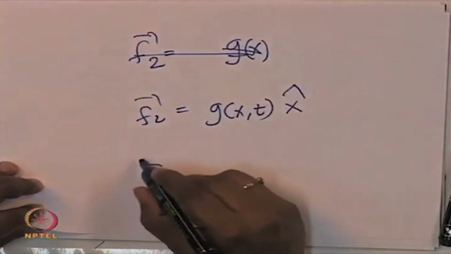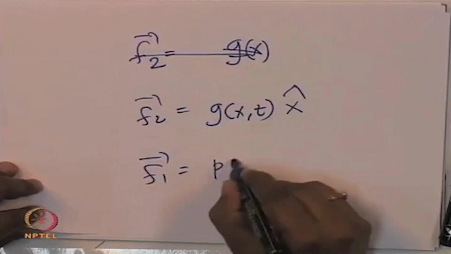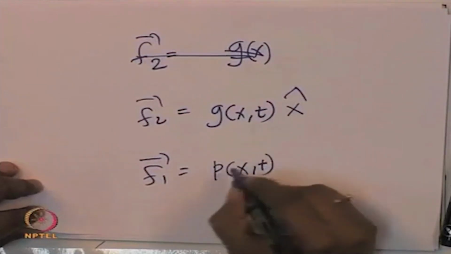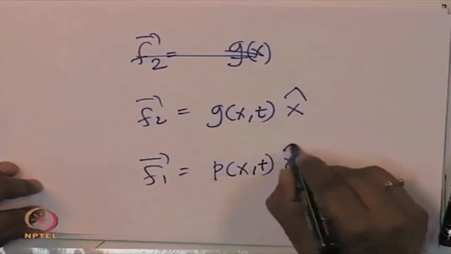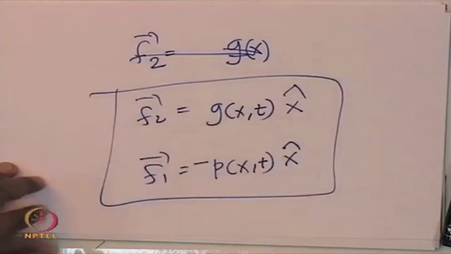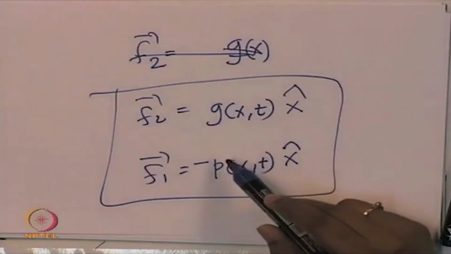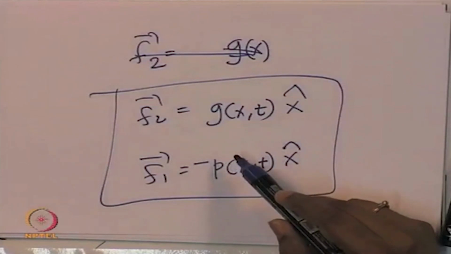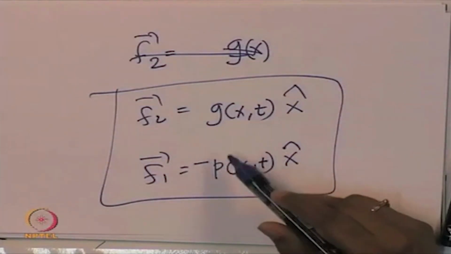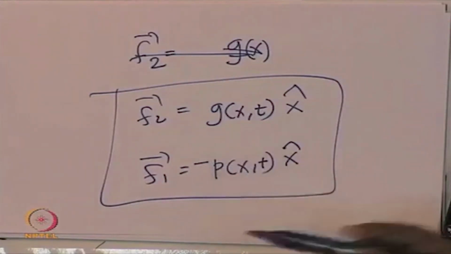Similarly, F 1 can be some other function, p of x comma t, some function p, but along the minus x cap. So, this can be a little more general, and g can have interesting forms, and so can p. Both g and p can have interesting functional forms depending on the situation.